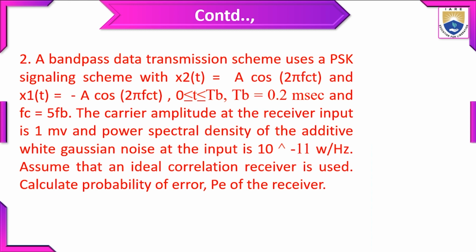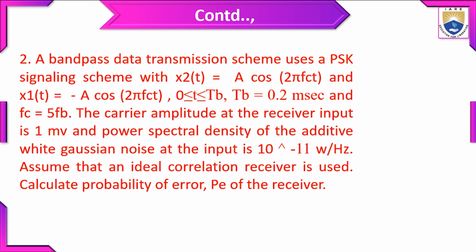The carrier amplitude at the receiver input is 1 millivolt, and the power spectral density of the additive white Gaussian noise at the input is 10 power minus 11 watts per hertz. Assume that an ideal correlation receiver is used. Calculate the probability of error of the receiver.